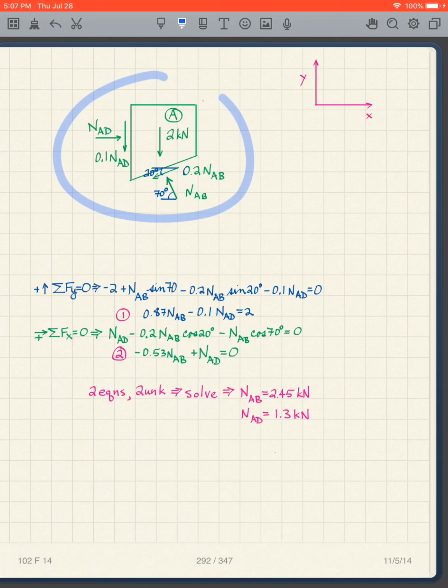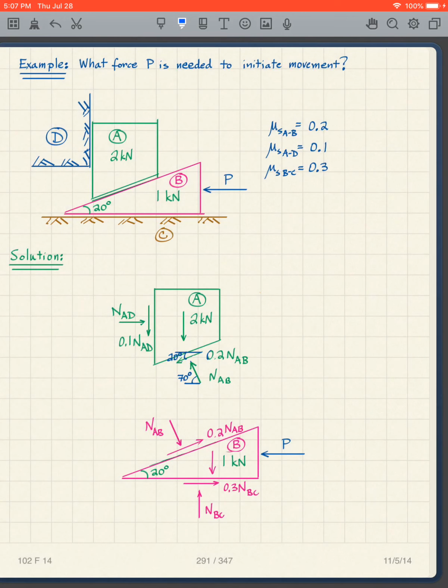I can take a look at this free body diagram. I've got to get my angles correct. See, the angles were, so this is 20 degrees. So I have to get my angles correct. So this is 20 degrees with respect to the x-axis. I think we can see that. And then this one is going to be then 90 minus 20 degrees.